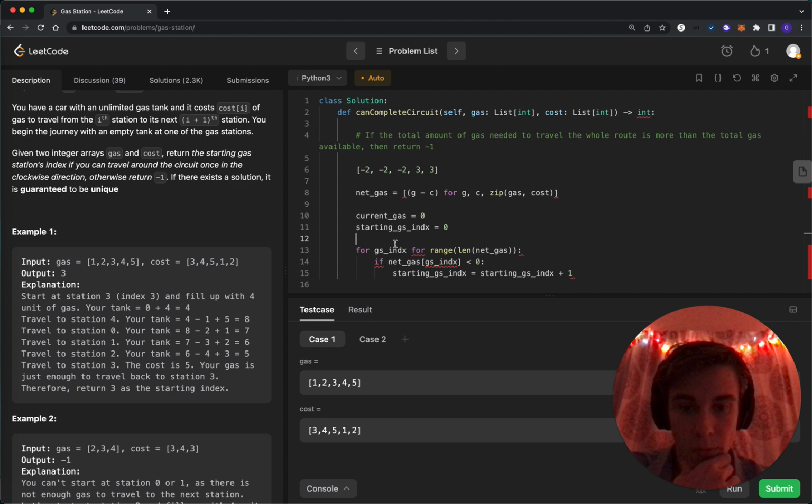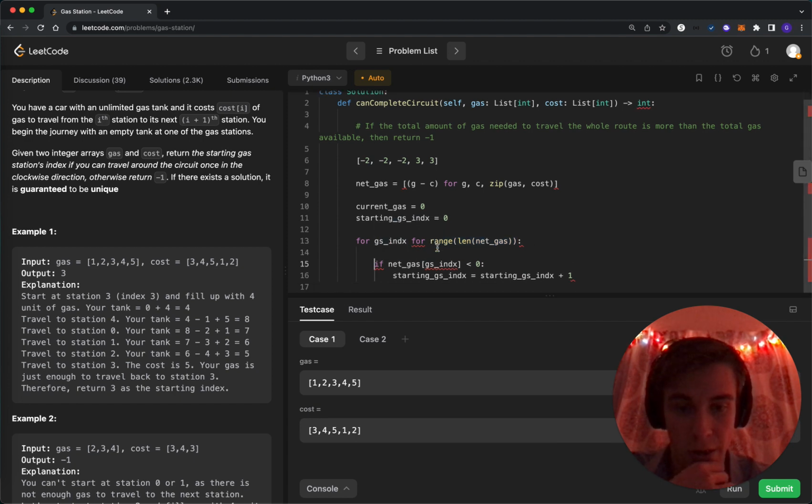So I'm going through all the gas station indices, starting from 0, and I'm stating here that if you're starting at this gas index, if the net gas that you get as the first step starting from this index is negative, don't start there.